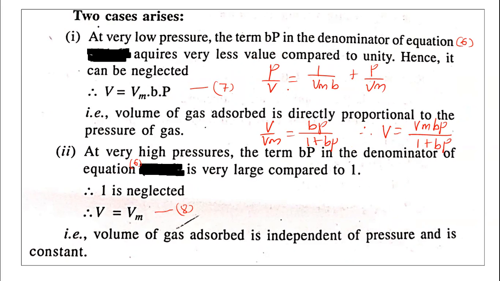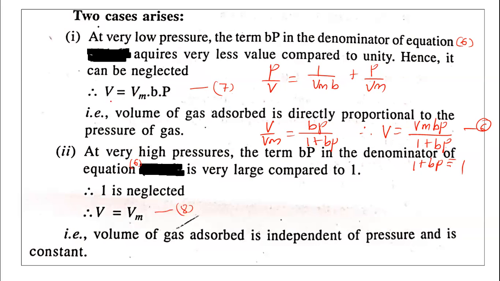At very low pressure, the term Bp in the denominator of equation 6, suppose that this is equation 6. If the value of the pressure is very low, then Bp in the denominator of equation 6 acquires a very small value compared to unity. Hence, it can be neglected. So 1 plus B into P is approximately equal to 1 because pressure becomes very, very low.